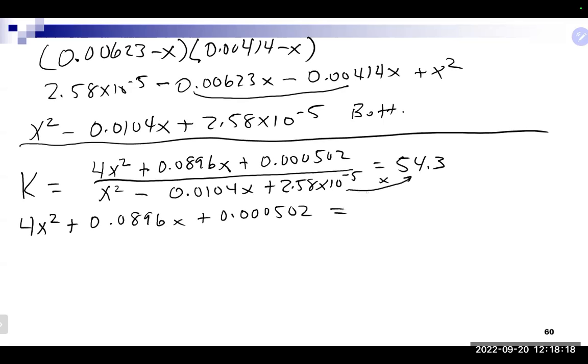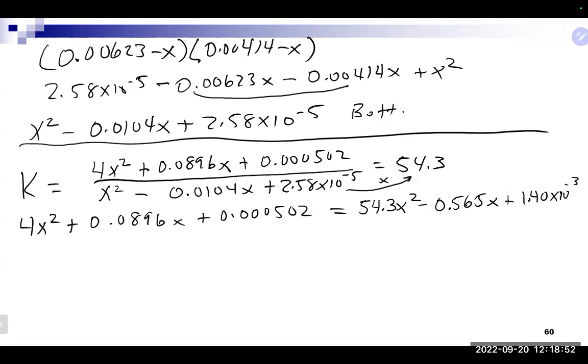Now multiplying everything on the bottom to the other side is going to get me 54.3x squared minus 0.565x plus 1.4 times 10 to the minus 3. Any questions on that there?